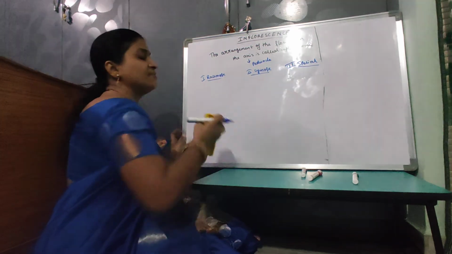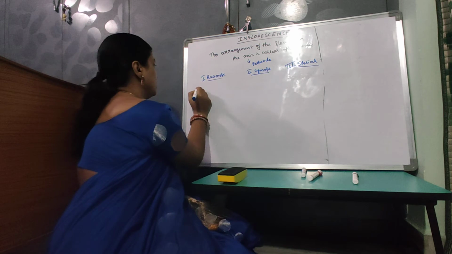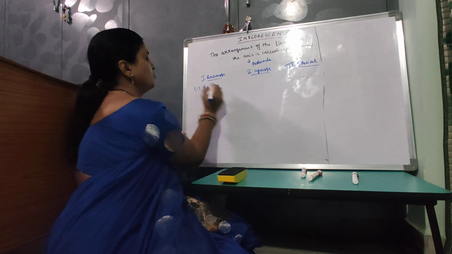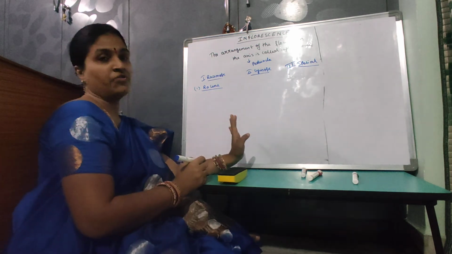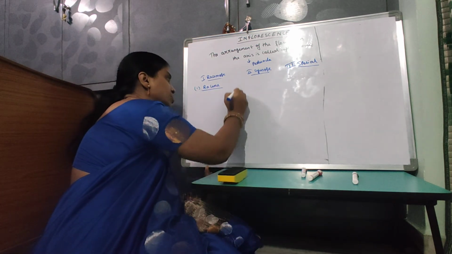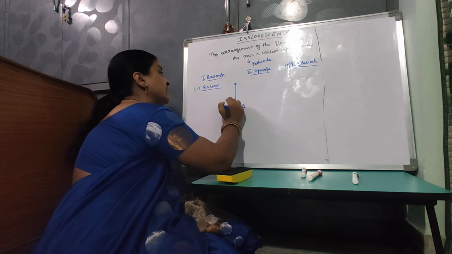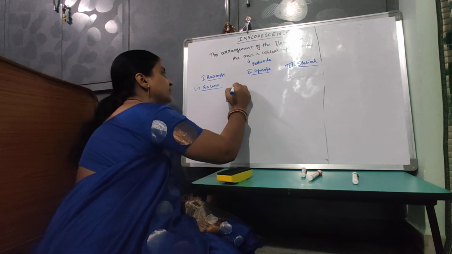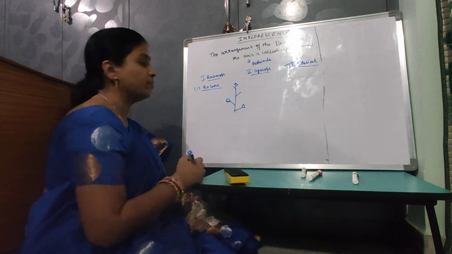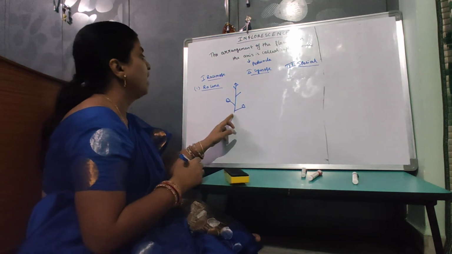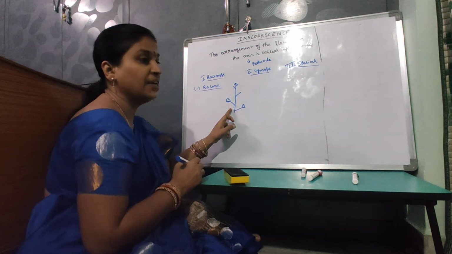Now this racemose inflorescence is of six types. First one is raceme. In this type of inflorescence, the peduncle grows indefinitely. The pedicellate flowers are arranged in acropetal manner. Sometimes the peduncle can be branched.